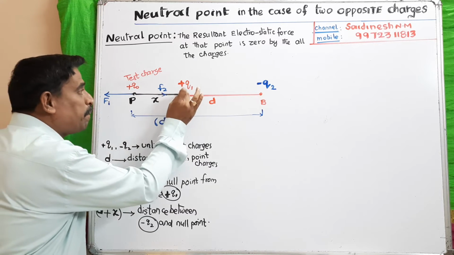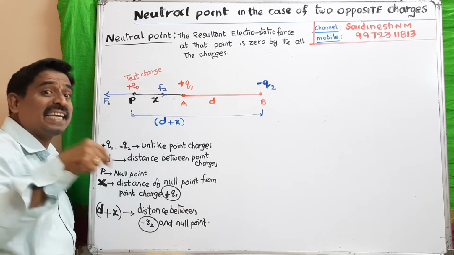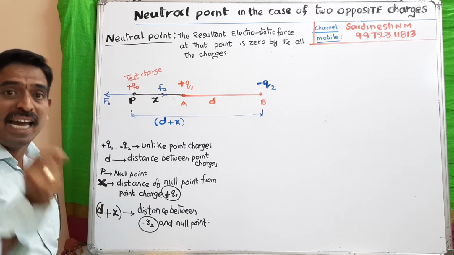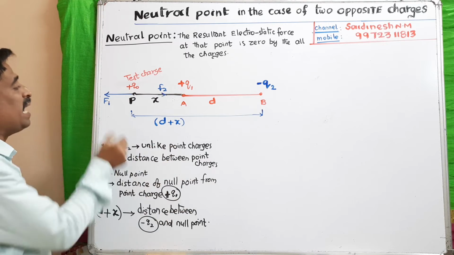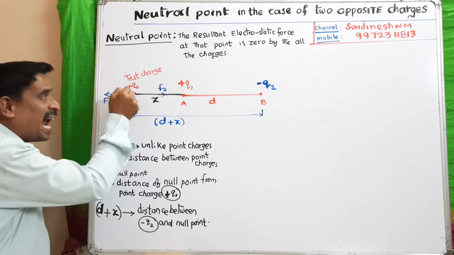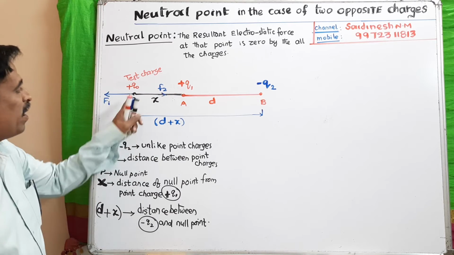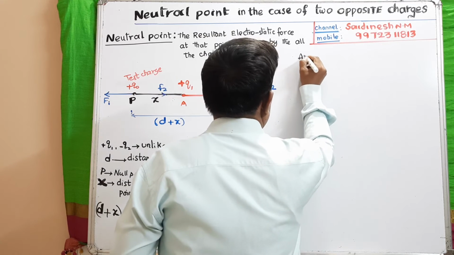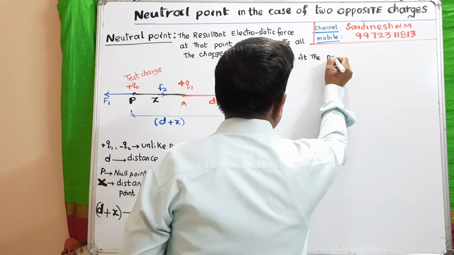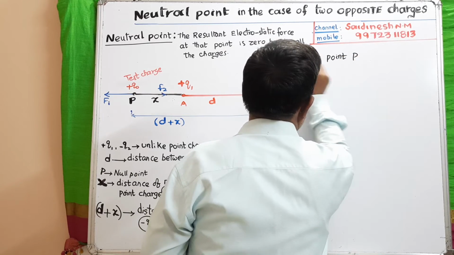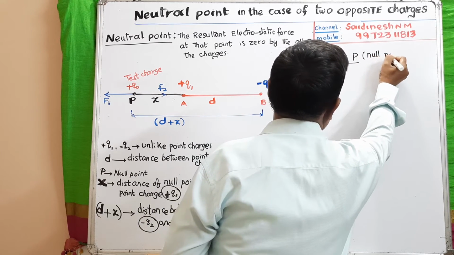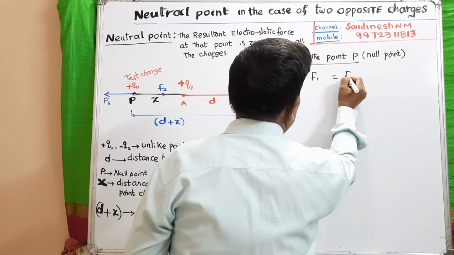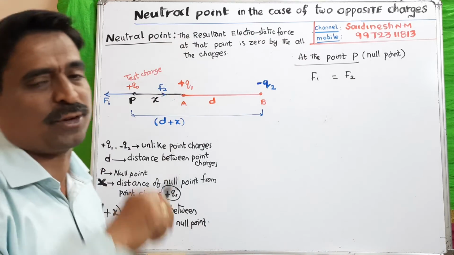Force between Q1 and Q0 is equal to force between Q2 and Q0. If the magnitudes of F1 and F2 are equal at this point, we are getting a null point at the point P. The magnitude of F1 is equal to the magnitude of F2.